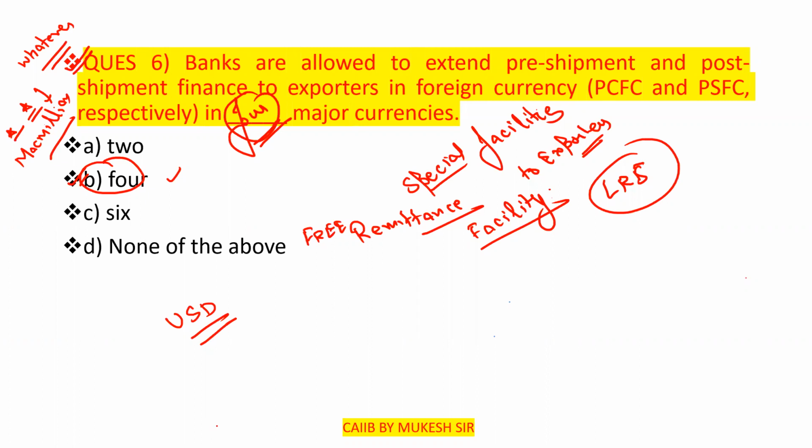That is USD 2,50,000 in a financial year, 2.5 lakh USD. Please remember these things, clear. That is the free remittance facility.